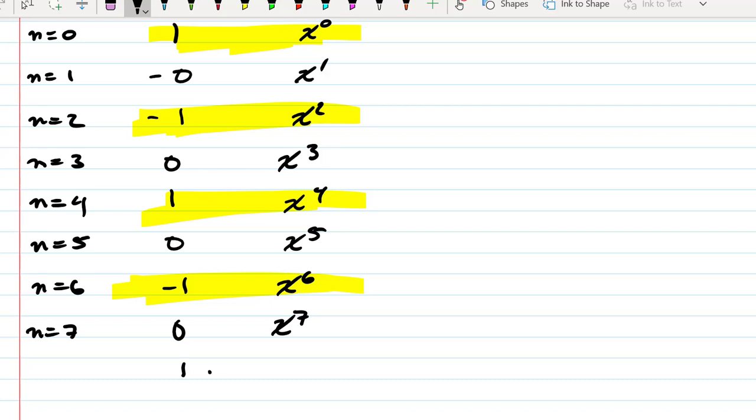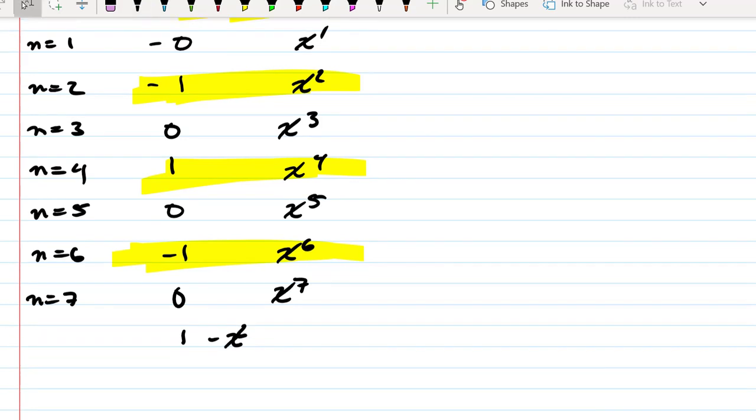So we have 1 minus x squared over 2 factorial, plus positive 1 over 4 factorial x to the 4th, minus 1 over 6 factorial x to the 6th, and so on.